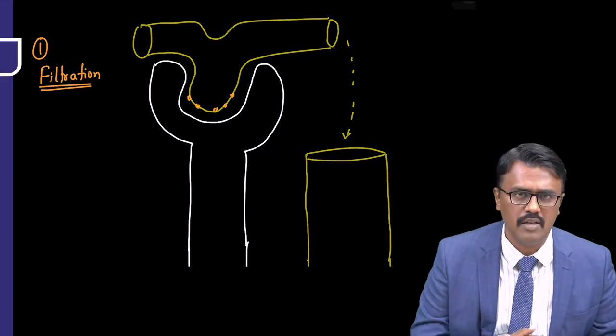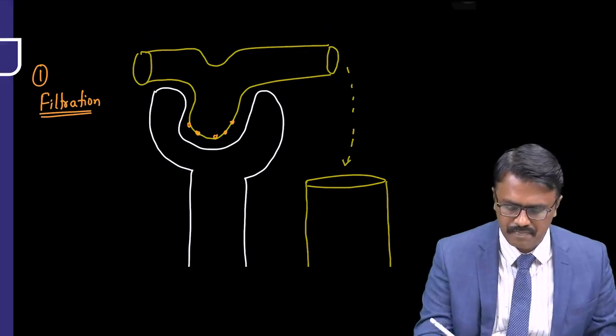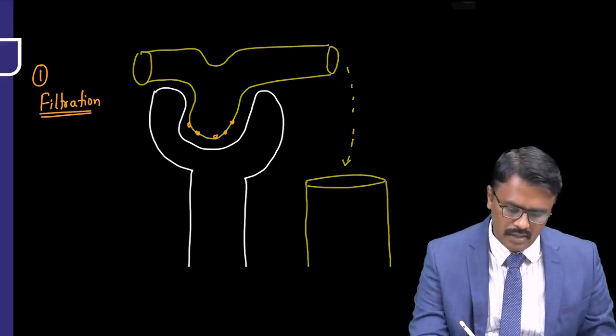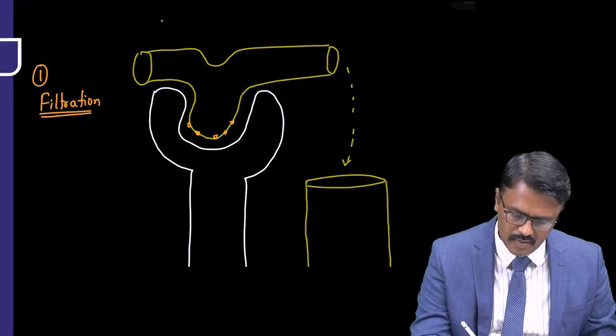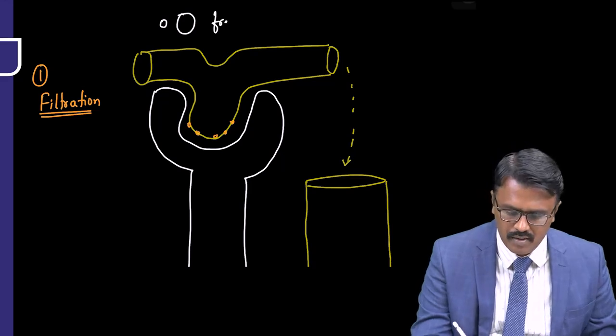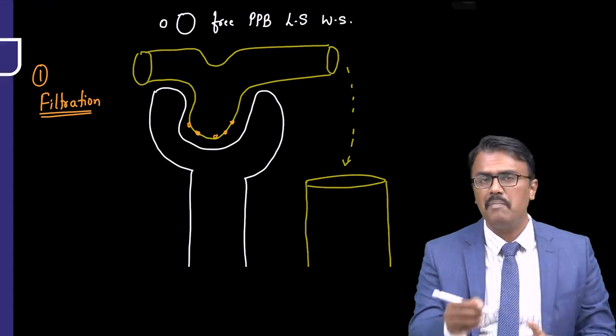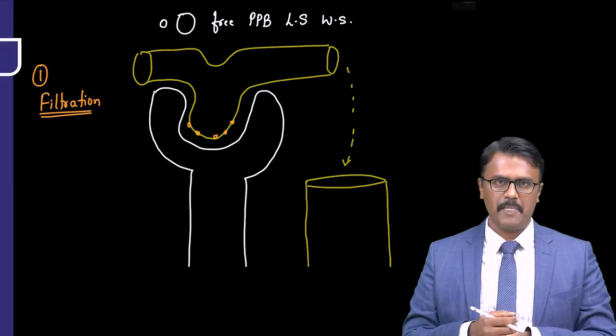The drugs which are very small in size. Now I will ask you the options. Who can get filtered? A small size drug or a big size drug. A free drug or a plasma protein bound drug. A lipid soluble drug or a water soluble drug. Now tell me which property of the drug makes it easily filterable. Yes, tell me.